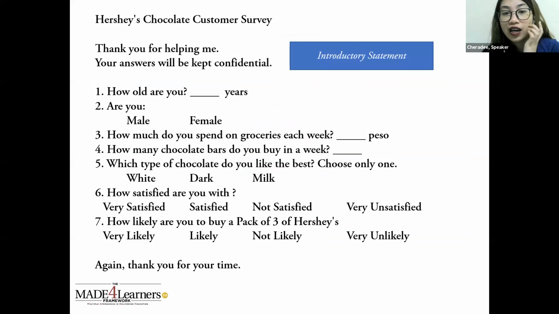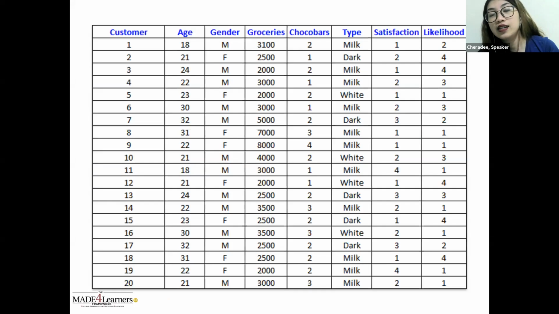The 2.5 there already dictates that the customer is in between satisfied and not satisfied. But if the result is 1.5, meaning to say it's in between very satisfied and satisfied. So that's the beauty of using numerical data in analyzing.